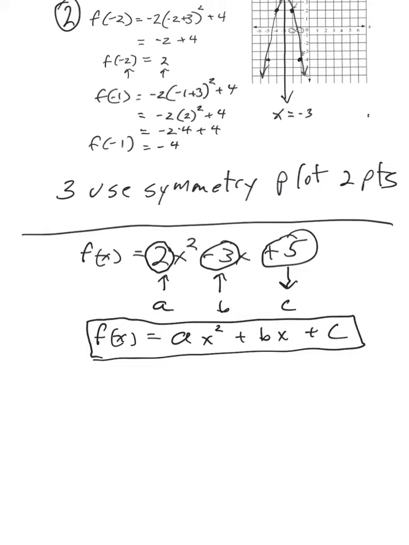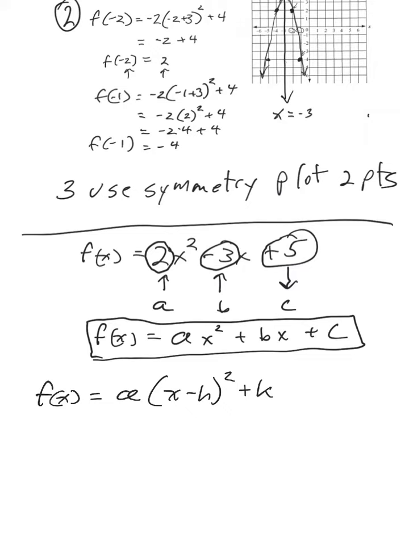Now this next piece you might want to speed up because you don't have to remember it. What I'm going to do is transform the general formula for vertex form of a parabola. That general formula is a times (x minus h) squared plus k.